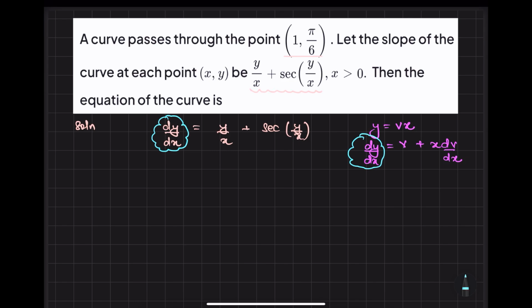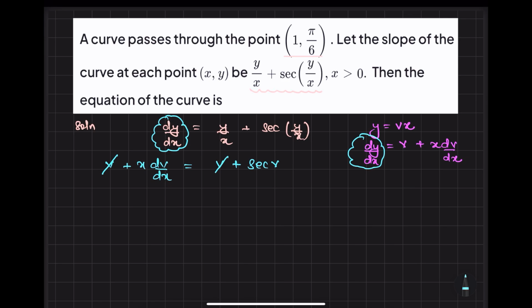So we will replace. We got v plus x dv by dx is equal to y by x plus sec y by x. In place of y can we write vx? So x is gone, we are left with v plus sec v. If you play Fruit Ninja, you can eliminate this v and v.